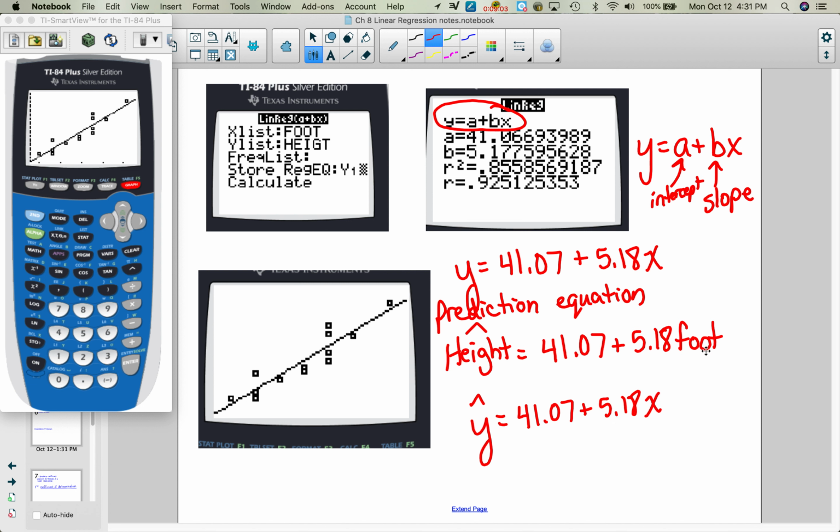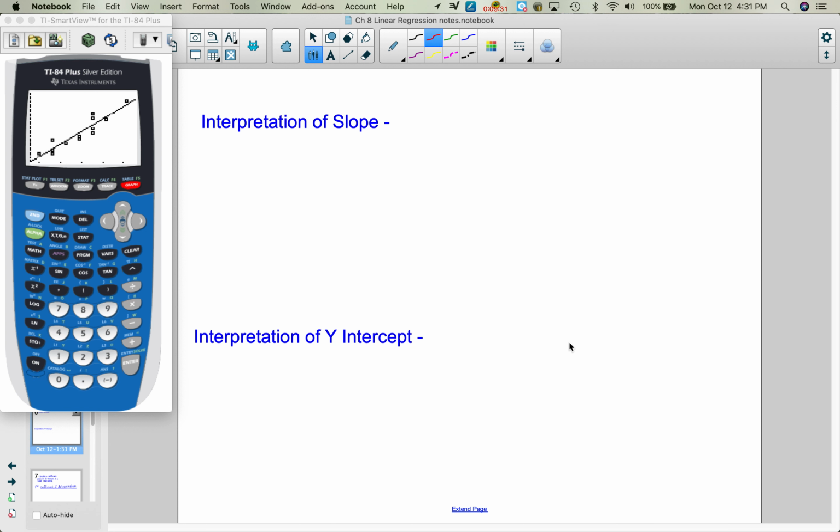I prefer words, but you use that little hat symbol to show that we know this is a statistic. If I were to know somebody's foot length and used it to predict their height, it's a prediction. I have to make sure that I'm clear in my communication, that I understand that that doesn't mean that person is going to be exactly whatever height we come up with, but it's just predicting that. So this is the process called linear regression, and we're going to be using that.